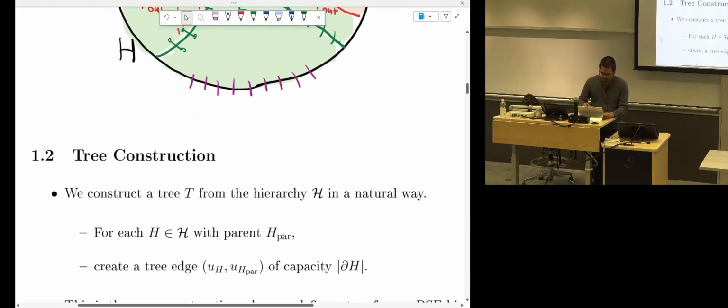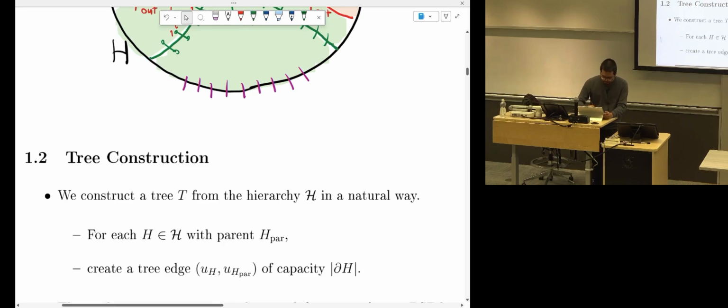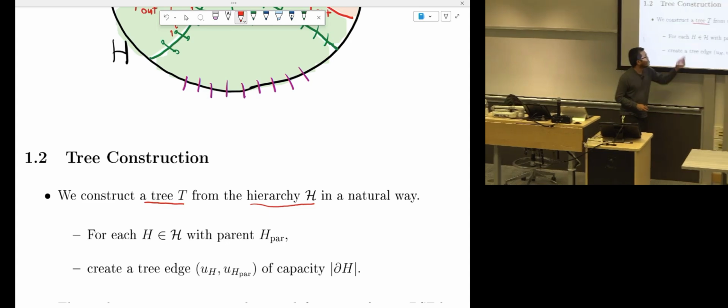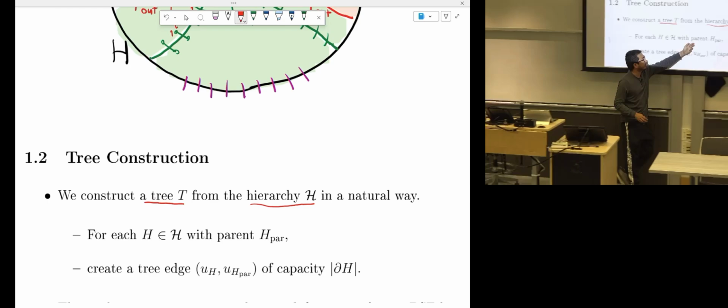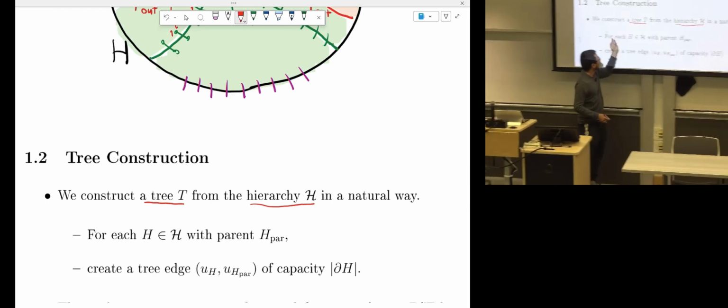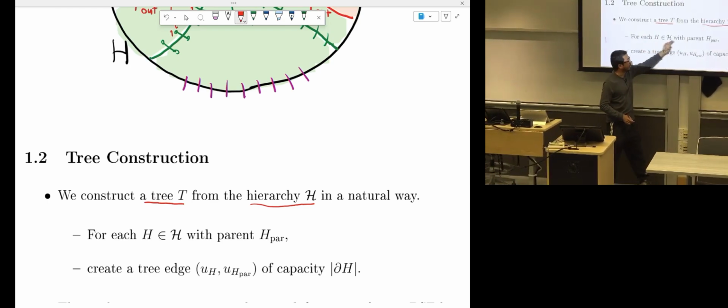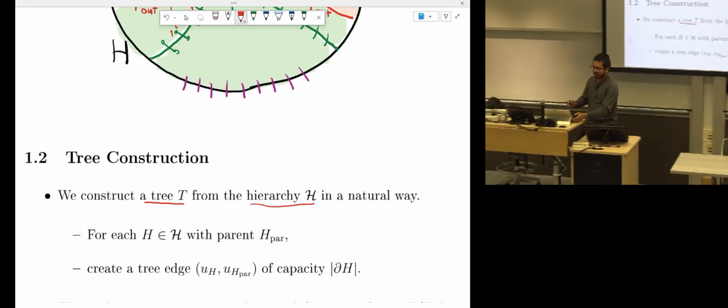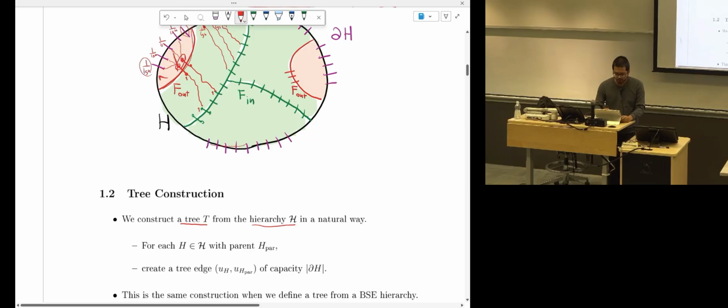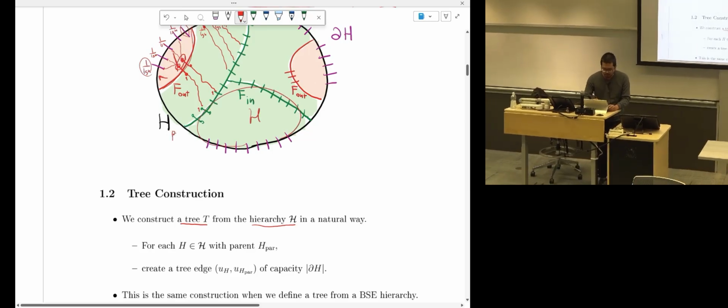Okay. So how do we build a tree? We build a tree from the hierarchy in the natural way. Look at a hierarchy cluster H. There is a parent cluster, H parent. If this is H, then this whole thing is H parent, right?